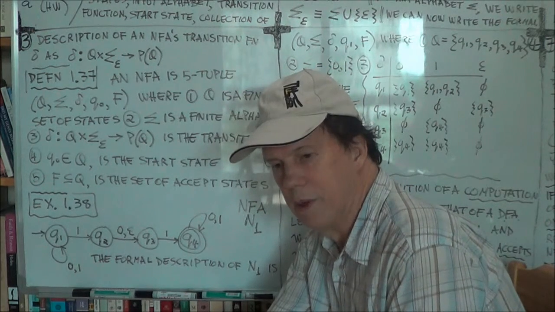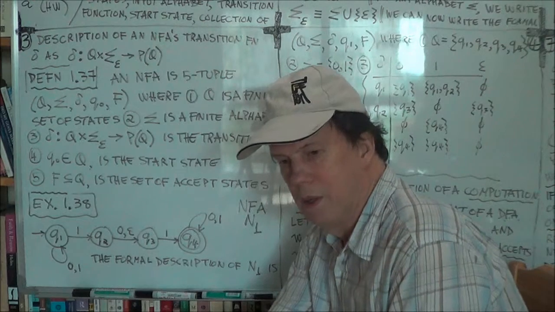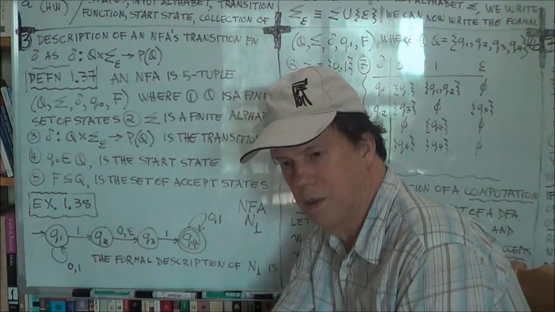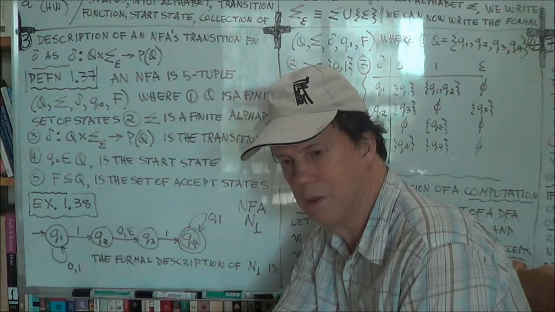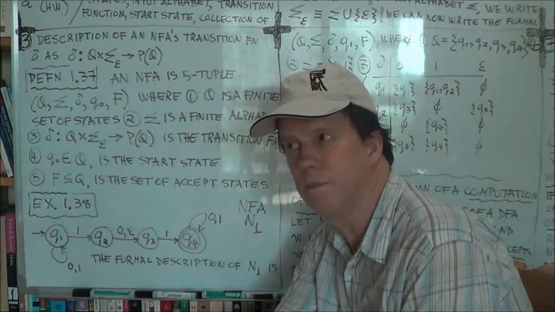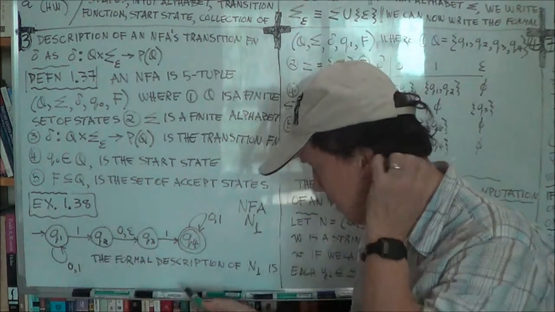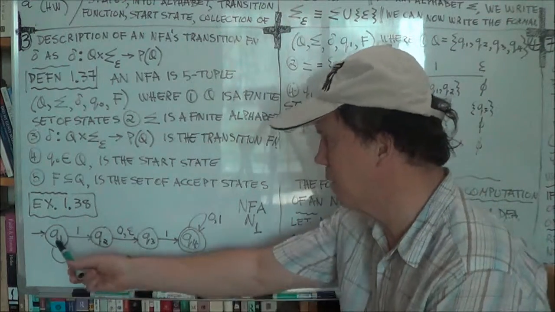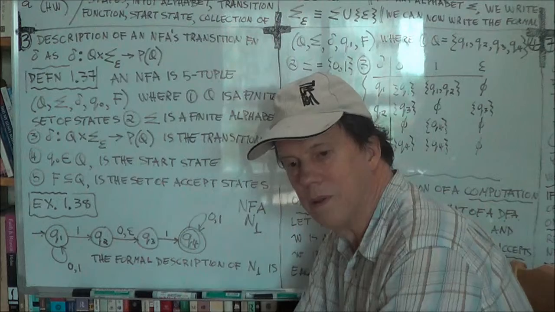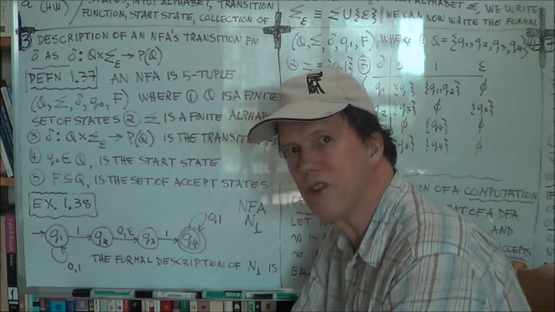Let's see if I can remember it. The language consists of all strings which have as a substring either 101 or 11. Okay, we did that in some earlier session. So this NFA recognizes those strings that have those two possible substrings.